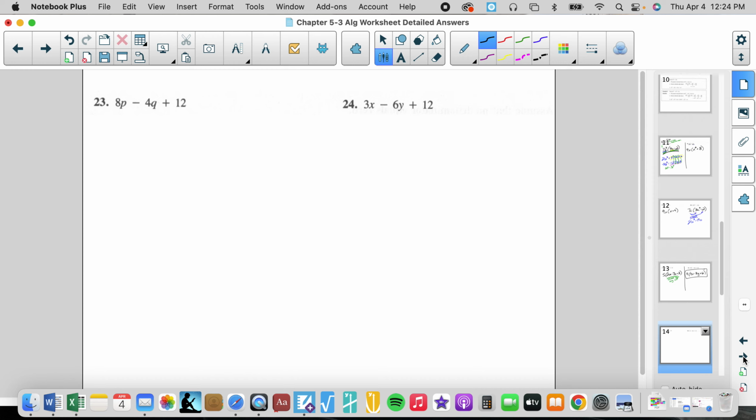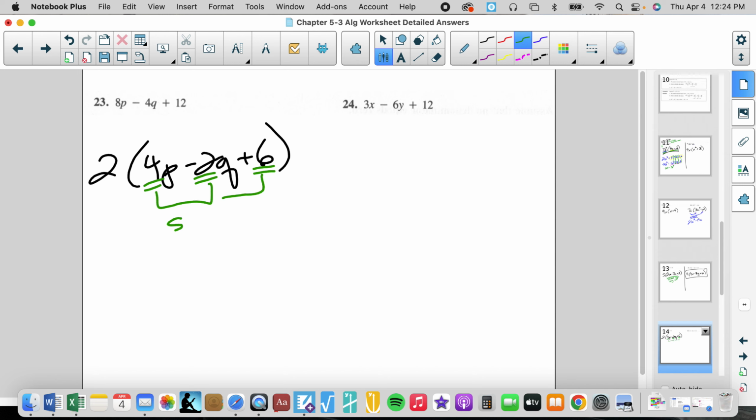8p, 4q. So let's take an example. What if I only factored out a 2? So that would leave me with 4p minus 2q plus 6. And what I'm talking about is there's still a common factor. You can still factor a 2.